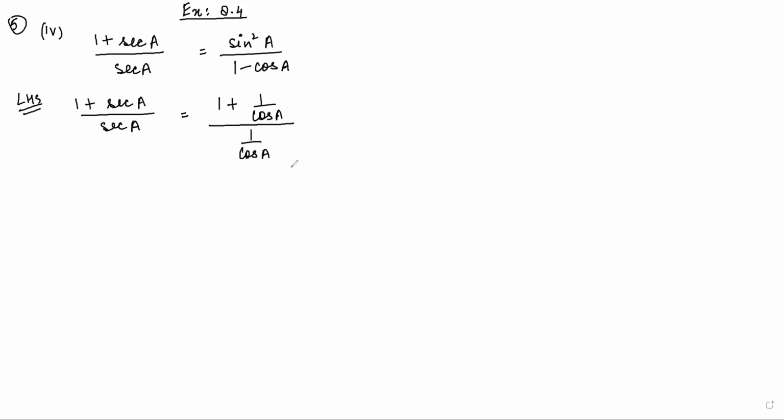Now in the numerator, I have fractions, like I'm adding 2 fractions. So I'm going to take the LCM, cos A. So 1 into 1, I'll get cos A, plus 1, and then 1 upon cos A. Right, Abdullah? Yes, ma'am. Now the outer cos A will be multiplied here and the inner cos A will be multiplied here.